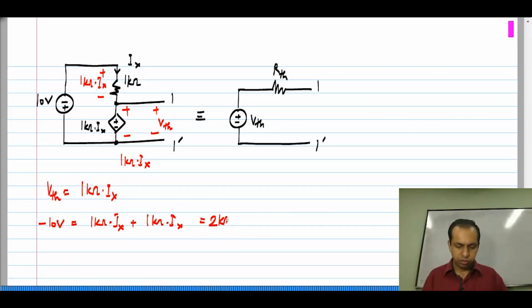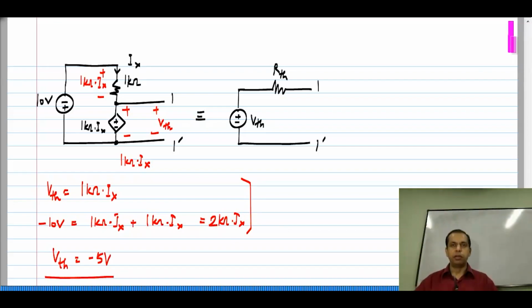This is equal to 2 kilo ohm times Ix, and solving these two, we easily see that Vth is minus 5 volts. Deliberately, I took a case where Vth comes out negative. Okay. The polarity is quite important. We are measuring the voltage between 1 and 1 prime, with 1 being positive and it comes out negative. So, in this particular case, Vth will be minus 5 volts.